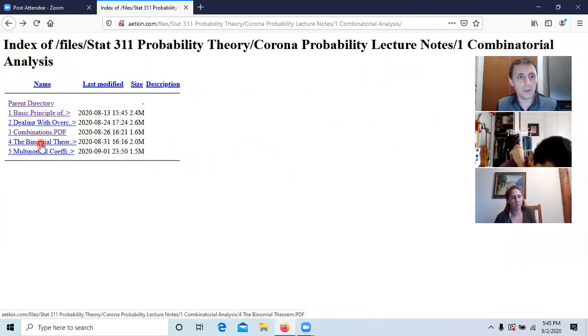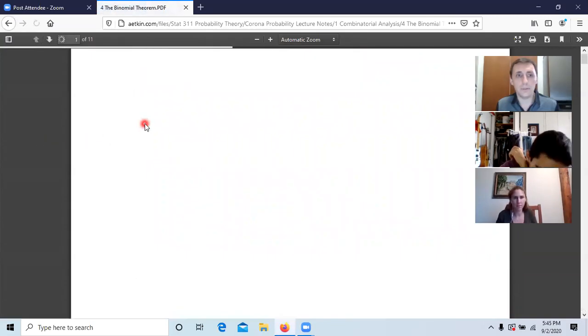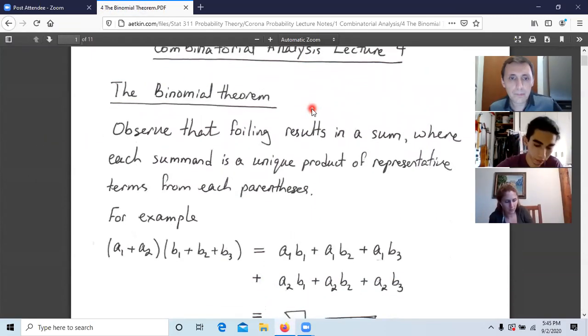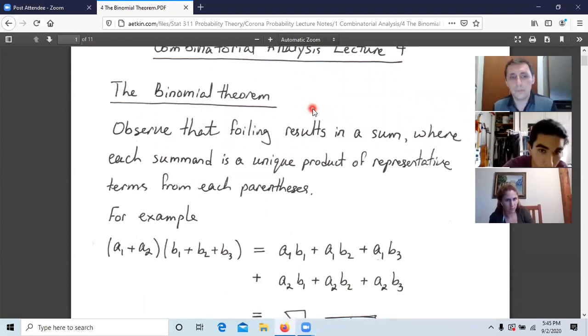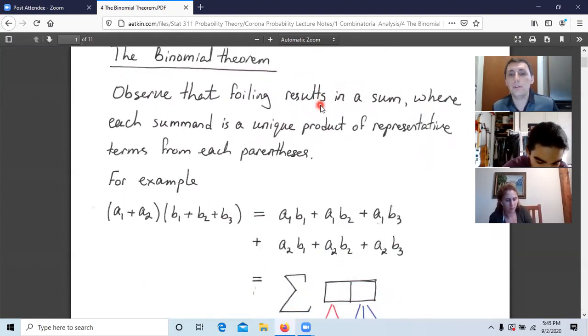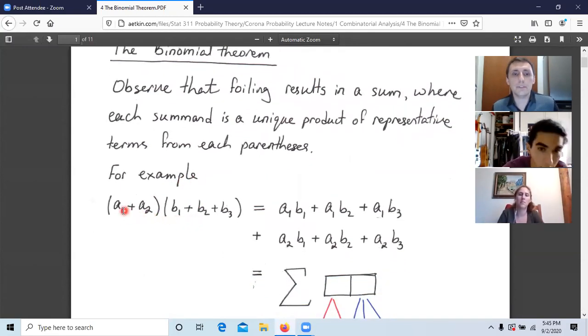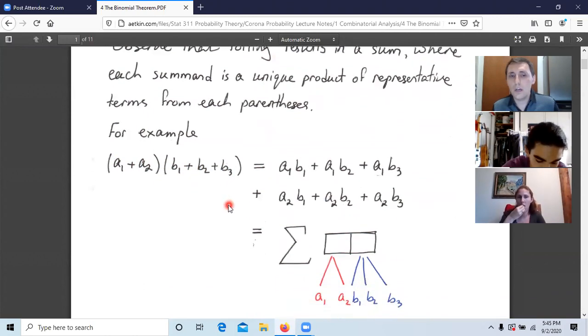So, binomial theorem, pretty important topic. You have learned FOIL from quite a while ago, but maybe you have not noticed some particular interesting pattern about FOIL. So for example, suppose I want to FOIL (A1 plus A2) multiplied by (B1 plus B2 plus B3). What ends up happening?